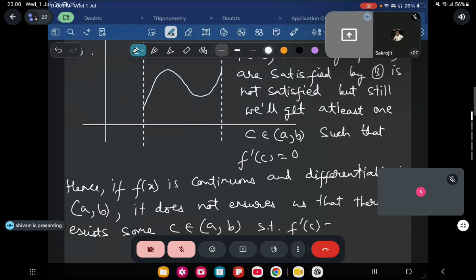So only the first and the second condition is not sufficient. All three conditions should be satisfied.